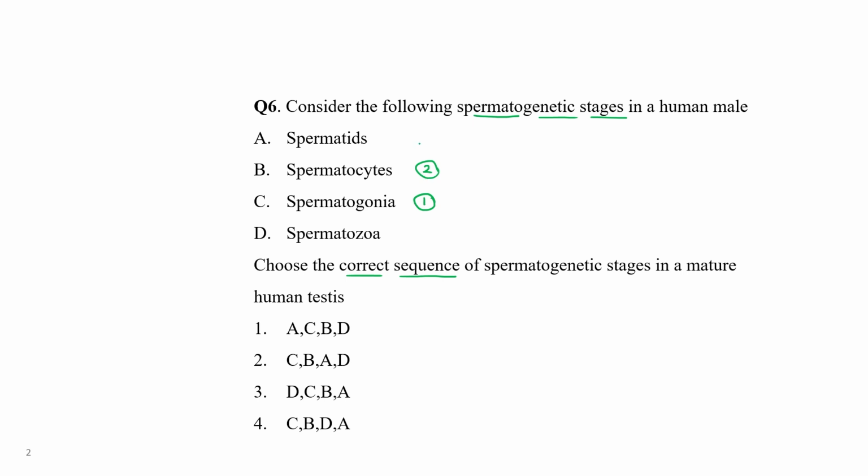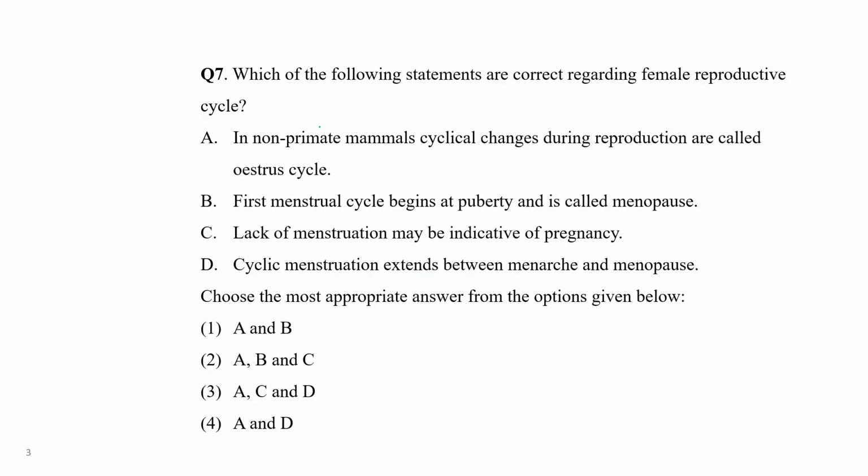From spermatocyte to spermatid, and then from spermatid to sperm or spermatozoa. So this must be at the fourth position. C must be at the first position, and D at the fourth position. So choice number 2 would be the correct answer. Clear? Okay.